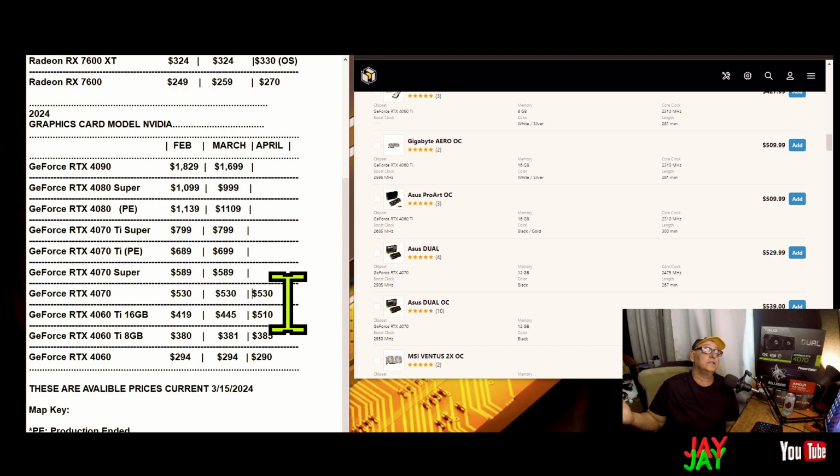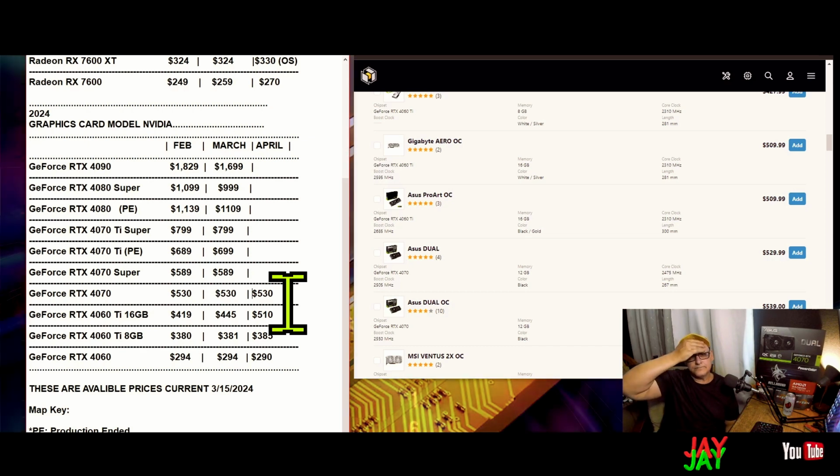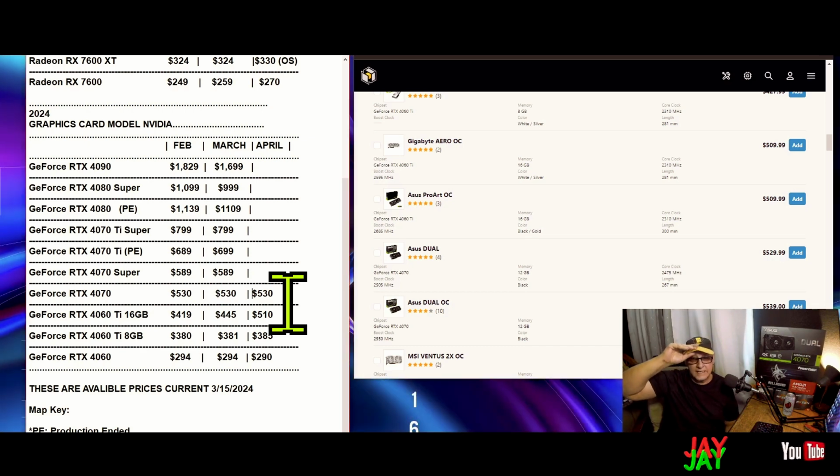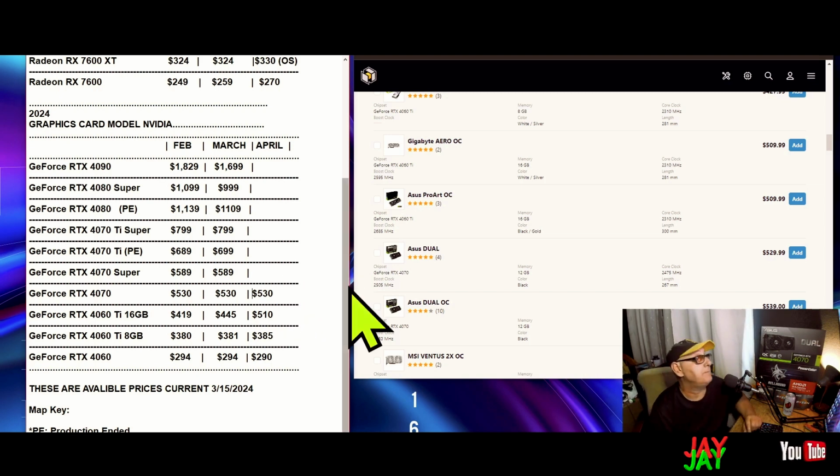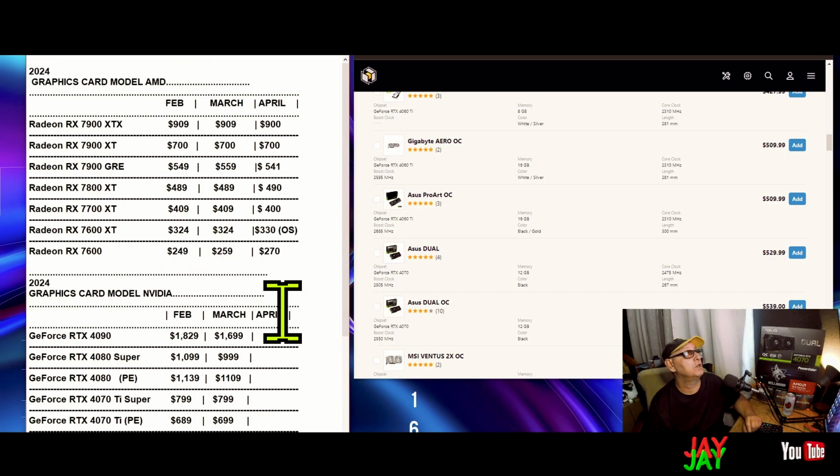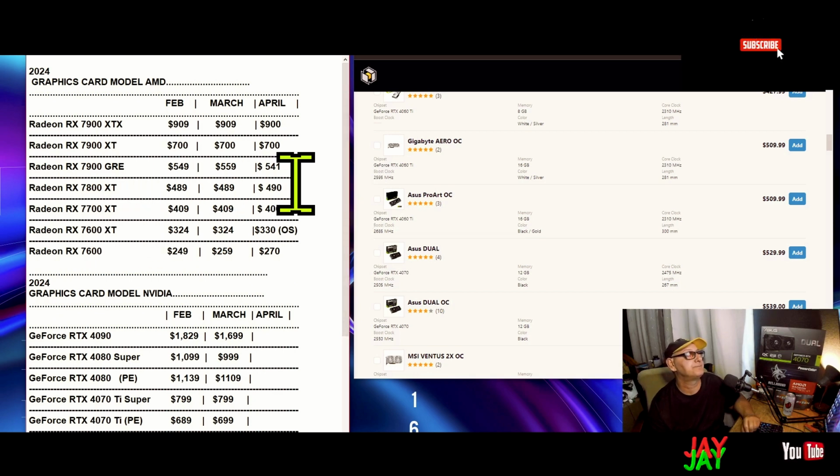In 1 year, it loses $70 on its retail from MSRP. Keep that in mind when you're going up here to look at the 7800 XT, and they're almost equal to each other.